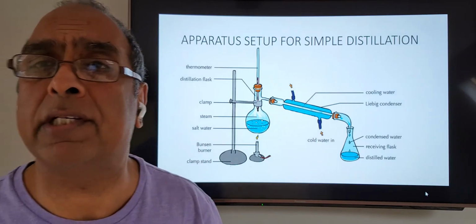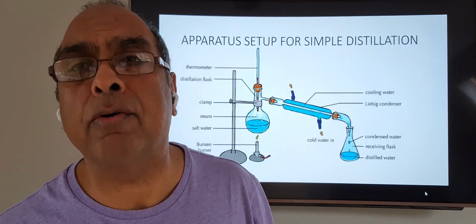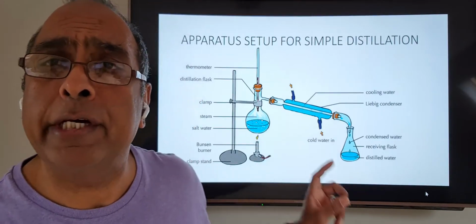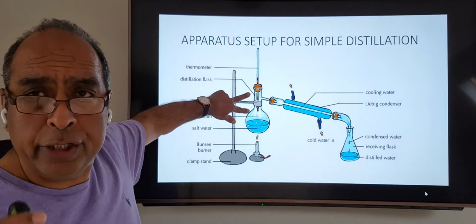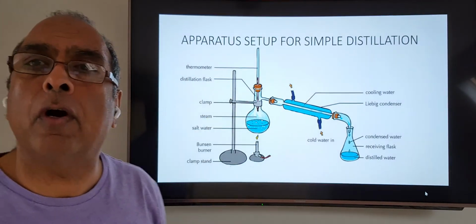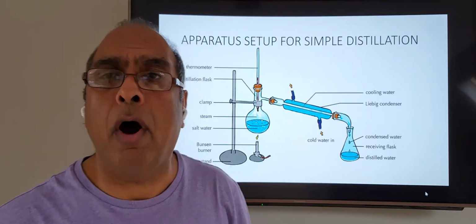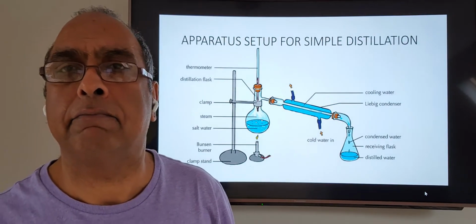And so simple distillation won't cut it. Simple distillation is not good enough. We need to change this apparatus so that we get purer alcohol and not just alcohol with water contaminating it.